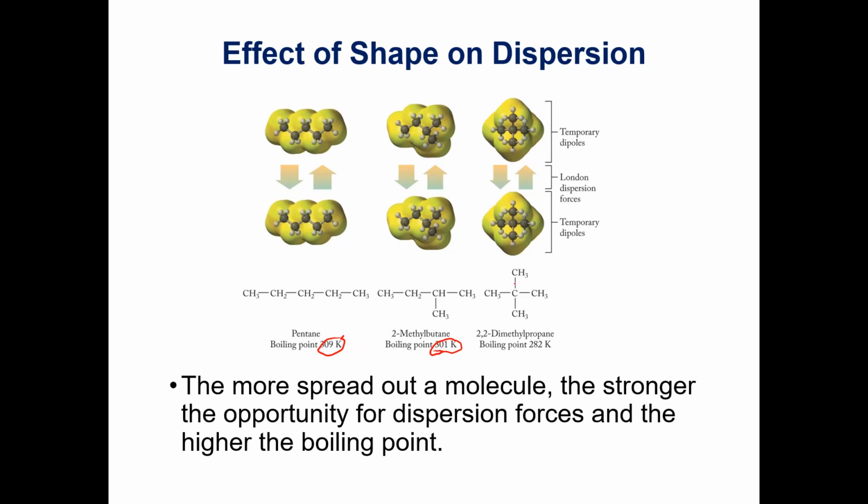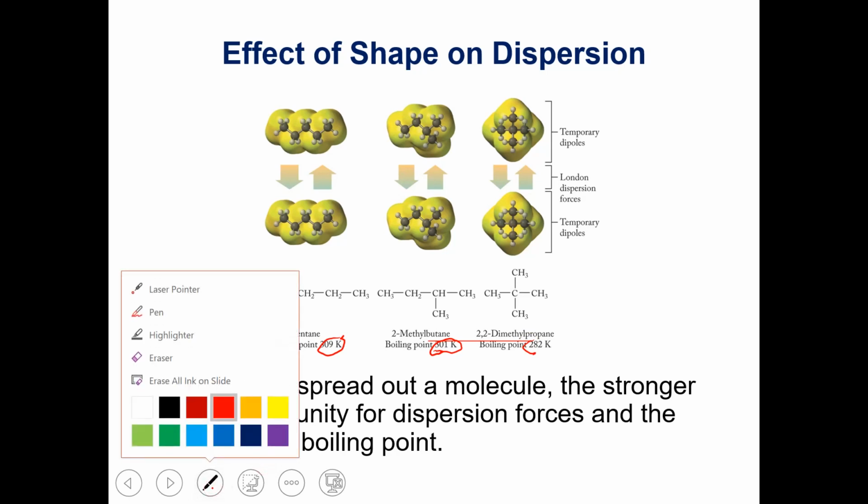But then look at what happens when we go to dimethylpropane. So dimethylpropane, if we count the carbons, still has 5 carbons. But 3 of them are in the chain, and then we get 2 that are branched off. Look at the drop in the boiling point here.